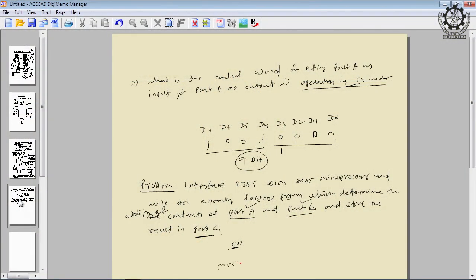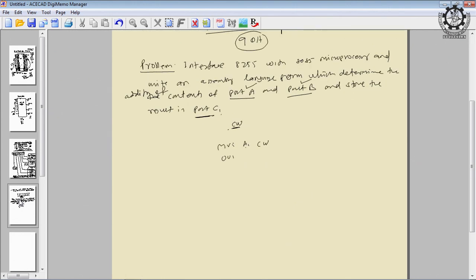So, choose the control word, move the control word to the accumulator, then OUT port 1, and this port 1 is not a port of 8255. This is the port where the control word will be output to program 8255, right. Then we can use port A, port B and port C for solving this problem.